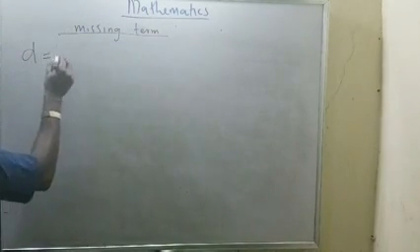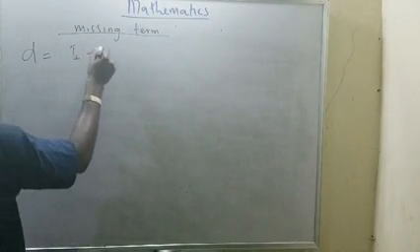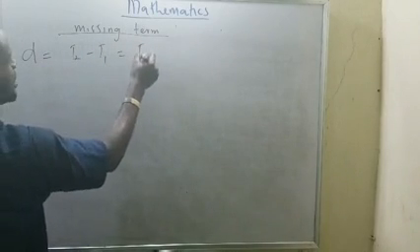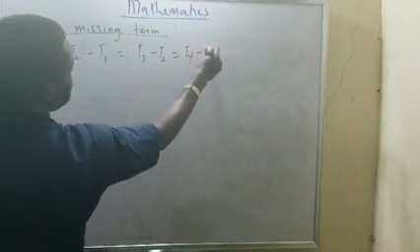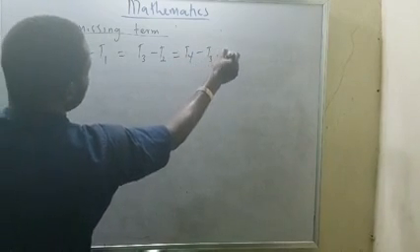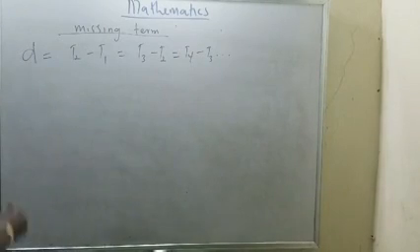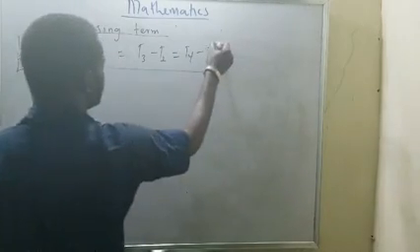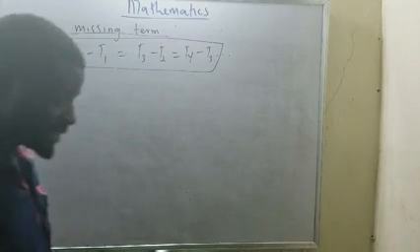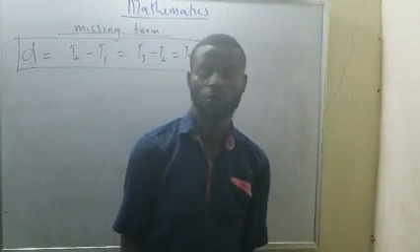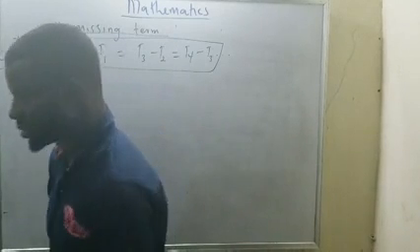My d will always equal T2 minus T1, equals T3 minus T2, equals T4 minus T3, and so on and so forth. That is what you are going to use to solve if something is missing among your sequence or series.